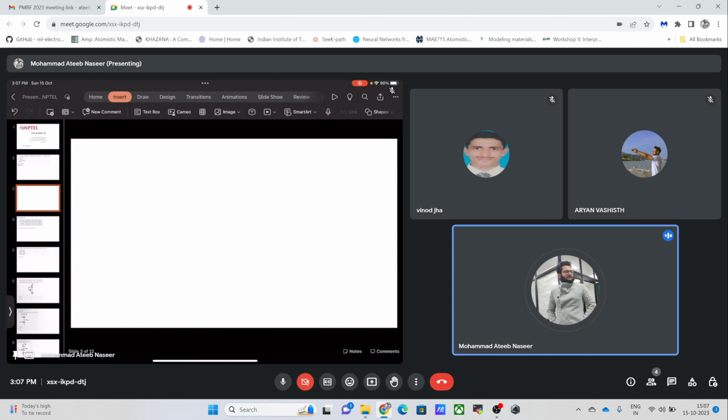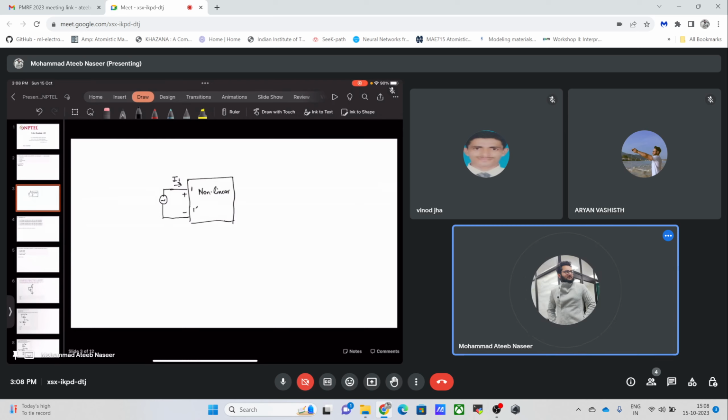For example, if I have some network, let me draw this black box. This is some non-linear network. Now I am having the terminals 1 and 1 dash. I am having some current I1 which is flowing through this network into its input terminals.